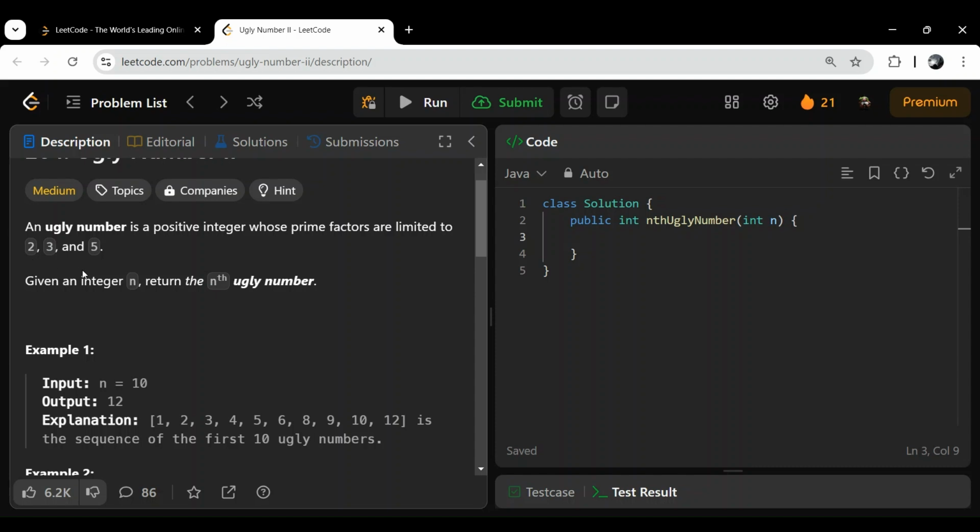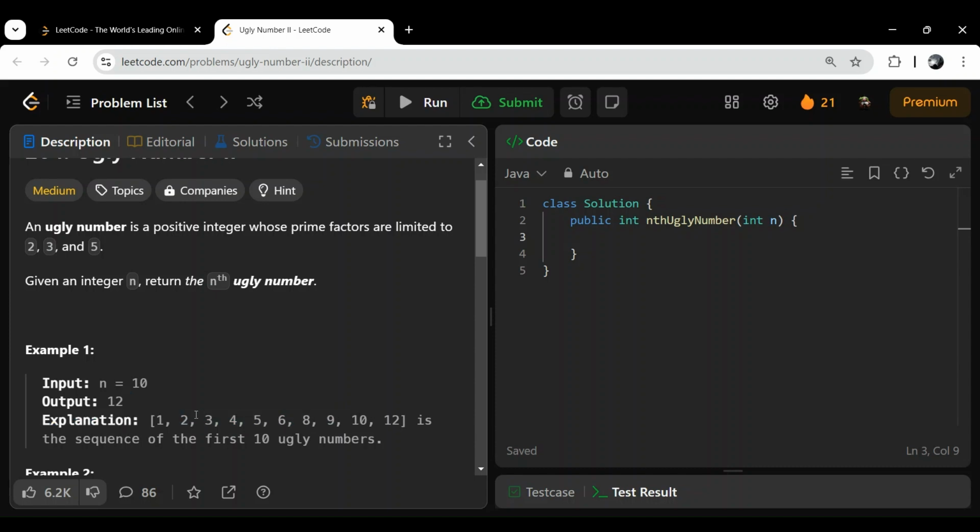Let's say initially we have the ugly number 1. Then we will multiply this 1 with all the three numbers, then we will get 2, 3, 5. Again, for 2 we will multiply with these numbers, then we'll get 4, 6, 10.